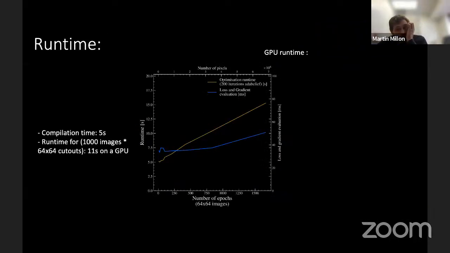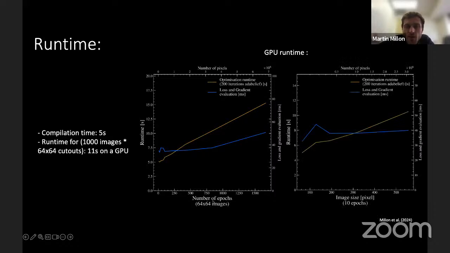Yeah, just a quick mention of the runtime. If you run it on GPU, extracting the light curve for about 1,000 epochs, with 64 by 64 pixel cutouts, it's about 11 seconds on a GPU. You have 5 seconds of compilation, and then it scales almost linearly with the number of epochs. For the size of your image, the scaling is even better.